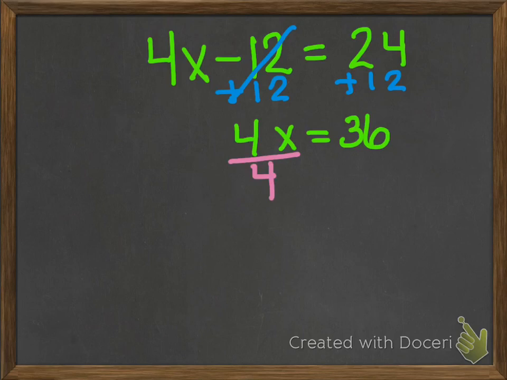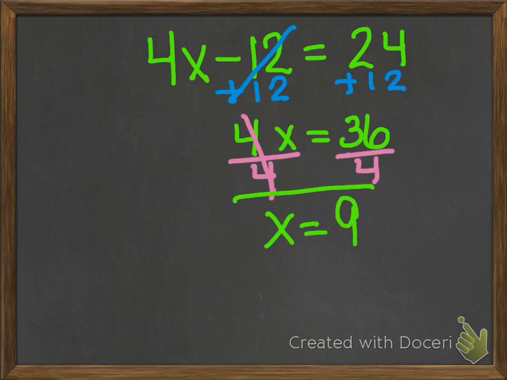So if I'm multiplying by 4, I undo by dividing by 4 on both sides to keep it balanced, to keep it equal. Alright, so that cancels out. I'm left with x. Bring down your equal sign. 36 divided by 4 is 9. So my solution is x equals 9.